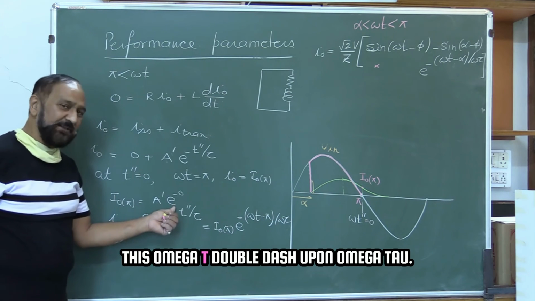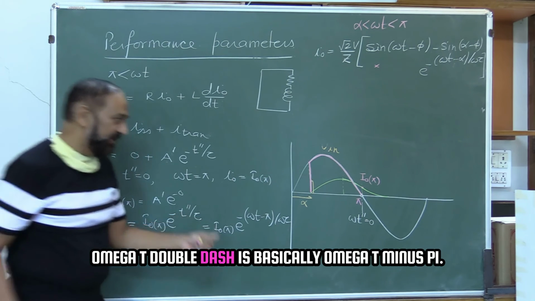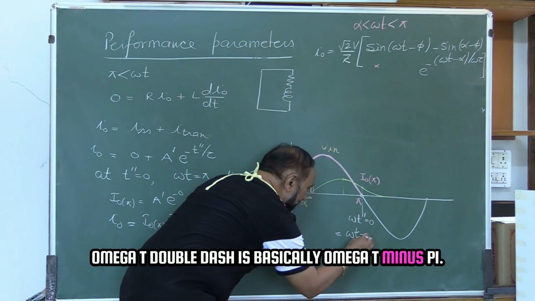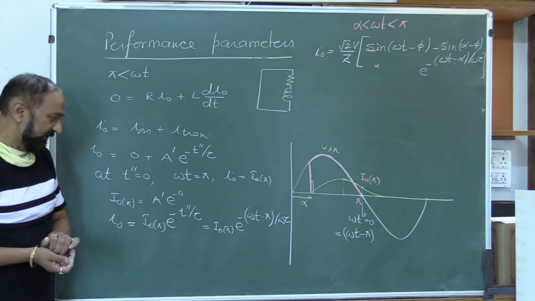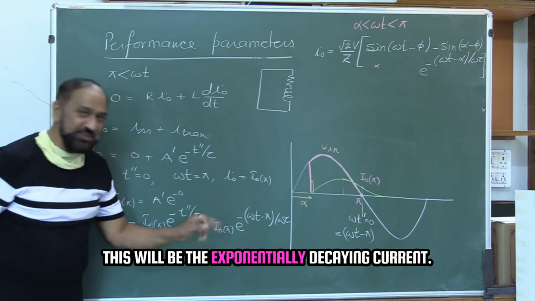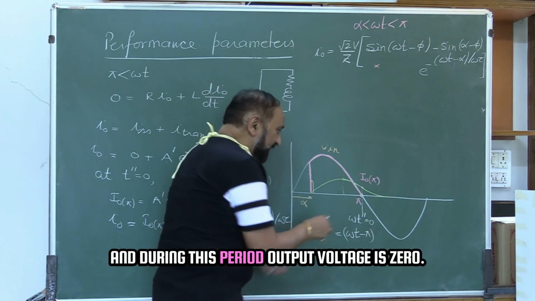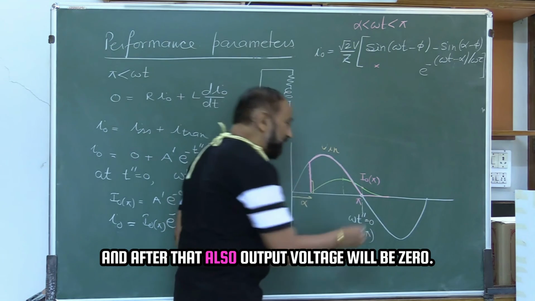Here omega t double dash is basically omega t minus pi. This will be the exponentially decaying current, and during this period output voltage is 0, and after that also output voltage will be 0.